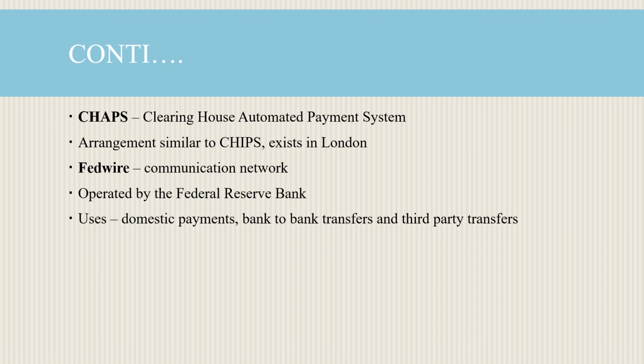The Fedwire fund transfer system, operated by the Federal Reserve Bank, is primarily used for domestic payments, bank-to-bank transactions, and third-party transactions such as interbank overnight funds sale and purchase settlement. It is even used for corporate-to-corporate payments.